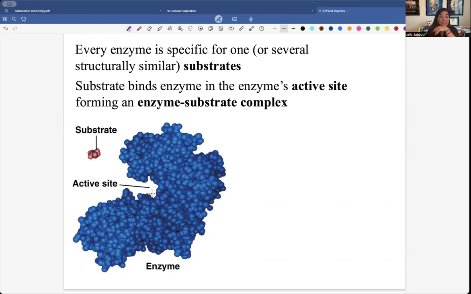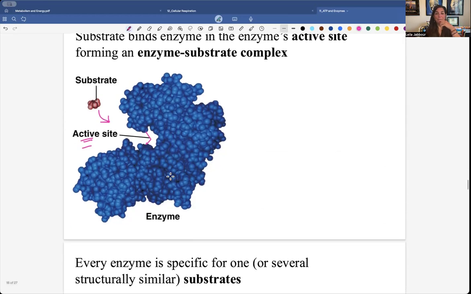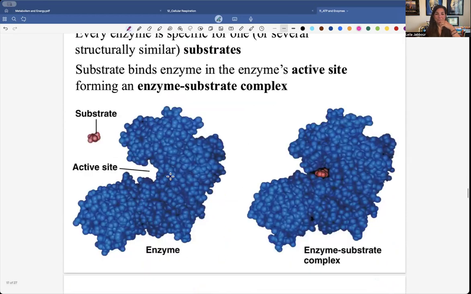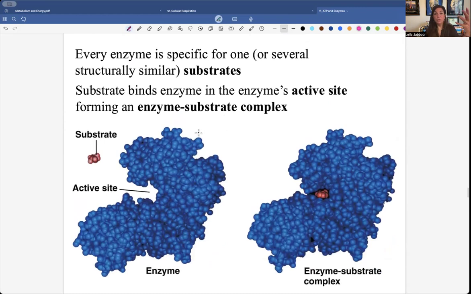And the binding site is called the active site. This is the active site right in here. The substrate binds in the active site in a very, very specific way. And it forms what we call an enzyme-substrate complex. Look, it's completely buried in there now.